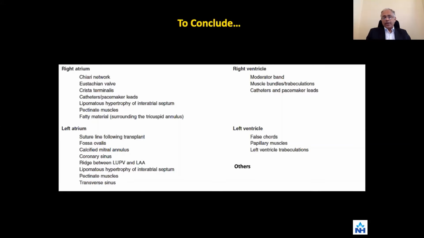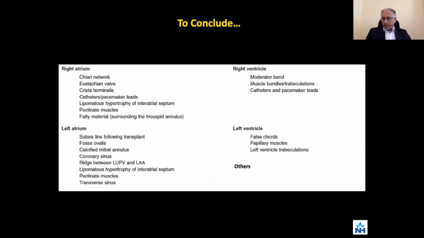You can either report it when it has some clinical importance, or you need not report it. You can just ignore it if it doesn't have that much prominence. For example, if it's a crista terminalis, you don't have to report unless it's really prominent and there is some arrhythmia. It makes sense. Otherwise, you don't have to.